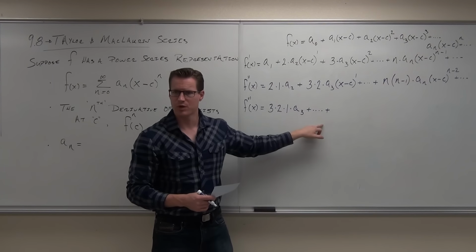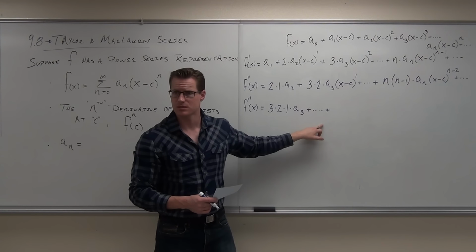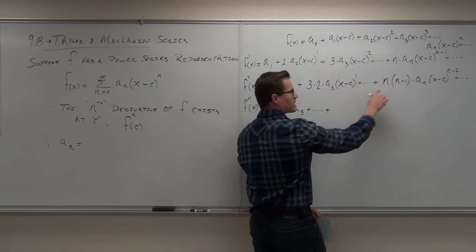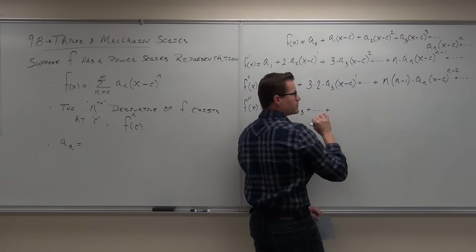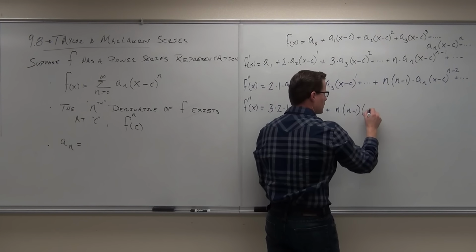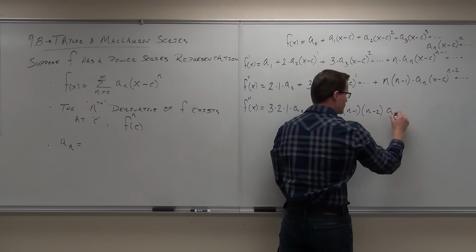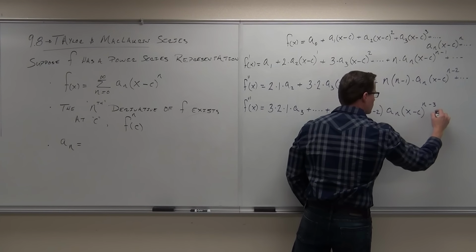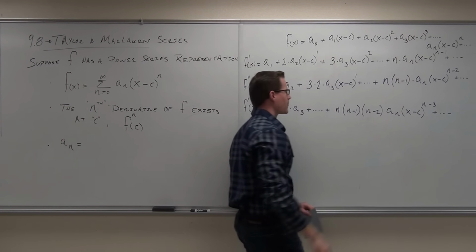My a sub 4 term would have an x to some power. Does that make sense? Okay. Now, let's do our next derivative. What am I going to get from this term as a derivative? n times n minus 1 times n minus 2 times a sub n. Very good. x minus c to the n minus 3, plus blah, blah, blah, forever and ever.